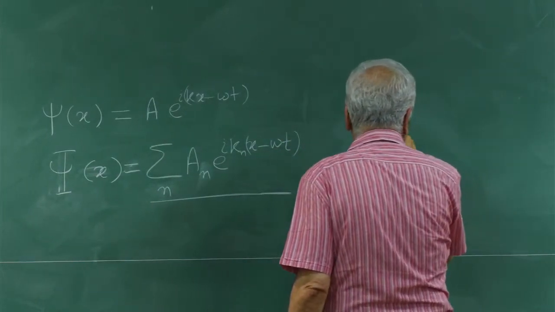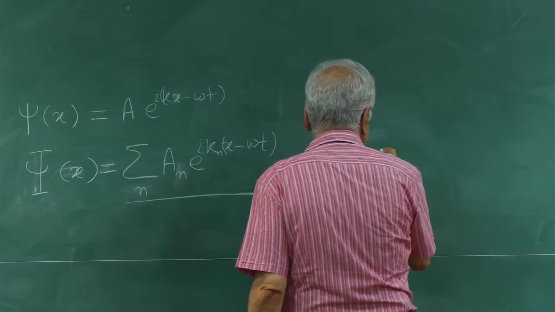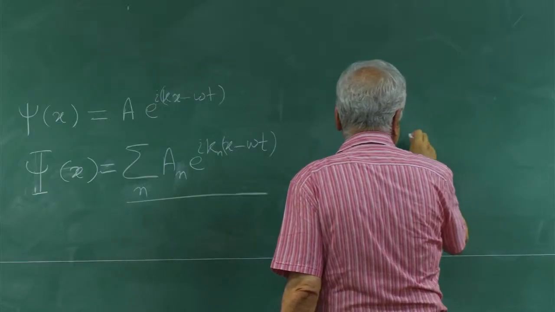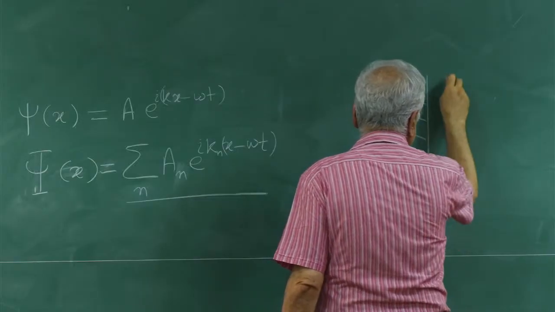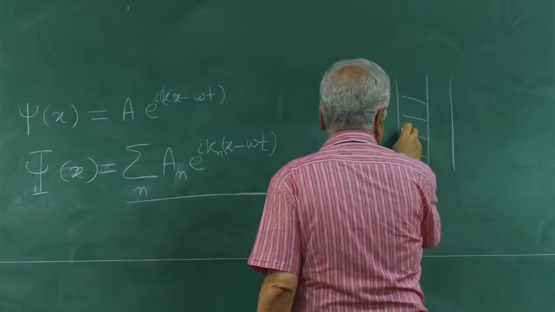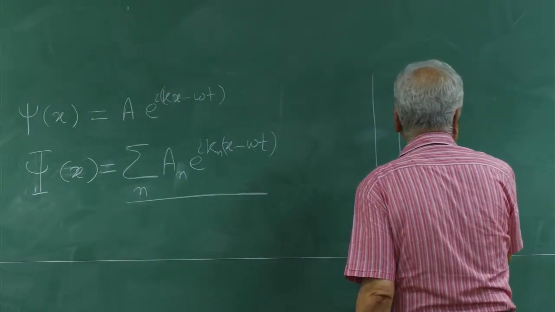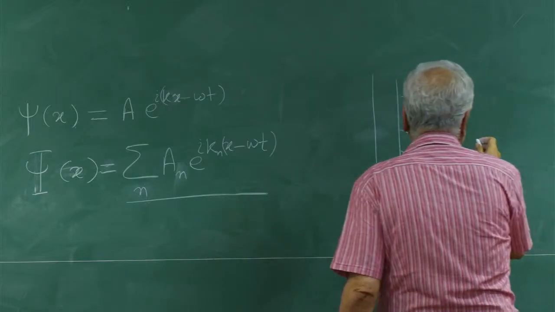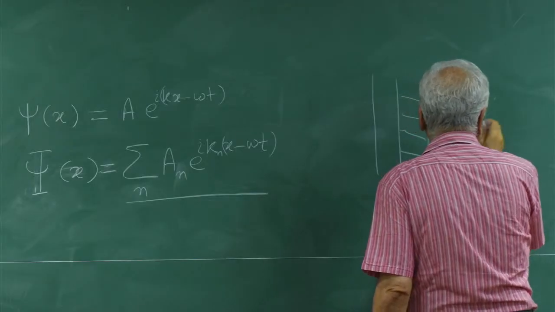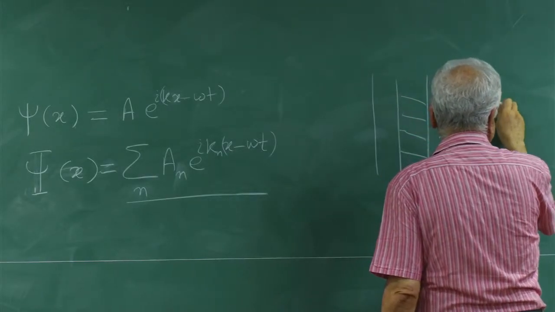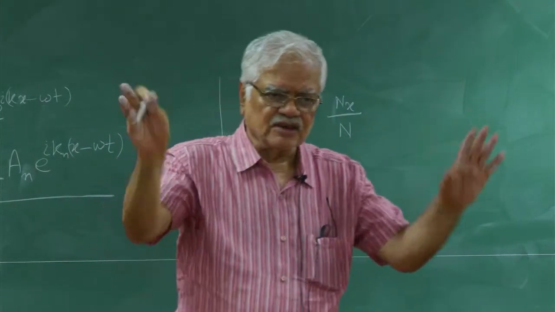This can be done in the following way. Suppose this is the dark band, and so on. I take a point, say x, on the screen, and then I find out the number of particles hitting there, suppose it is n_x, and I divide it by the total number of particles hitting the screen.